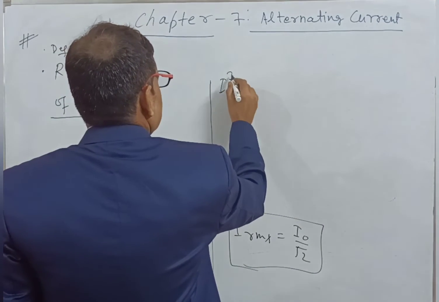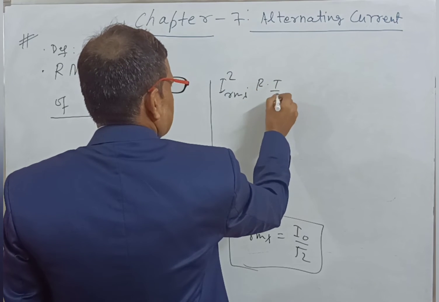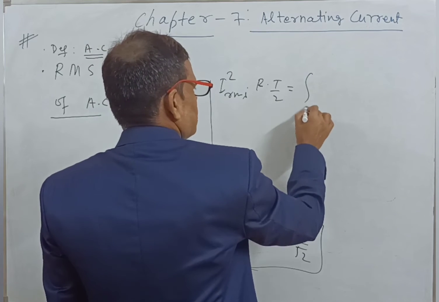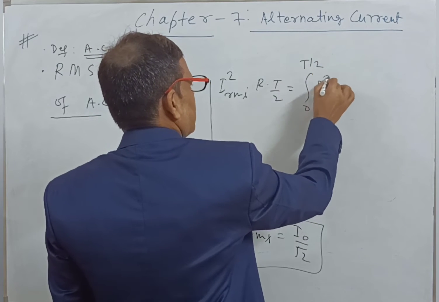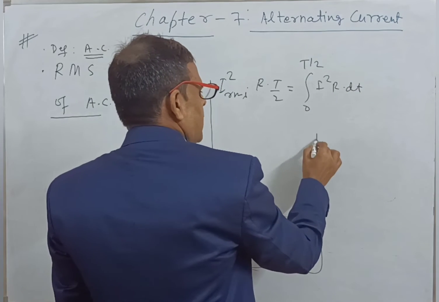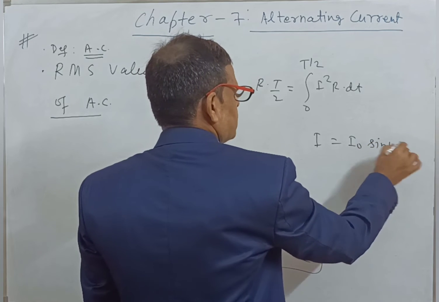I RMS square R T by 2 is equal to the integral from 0 to T by 2 of I square R dt. I is equal to I naught sine omega t. You already know it.